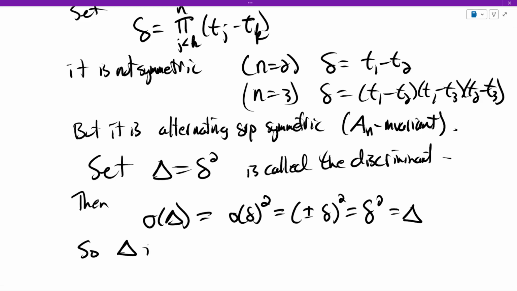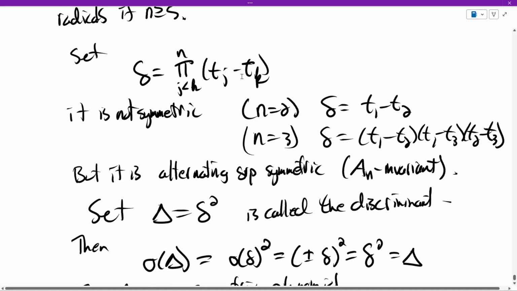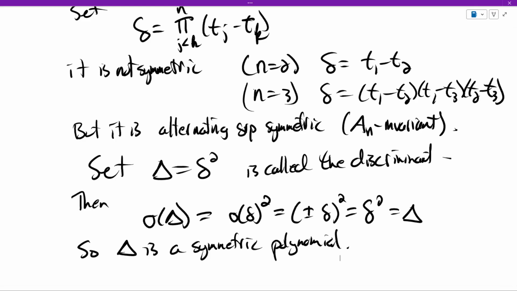So capital delta is a symmetric polynomial, because we've gotten rid of that sign ambiguity. So little delta is the product of the pairwise differences in the roots in increasing order, and capital delta, the discriminant, is little delta squared. All right, let's prove it.